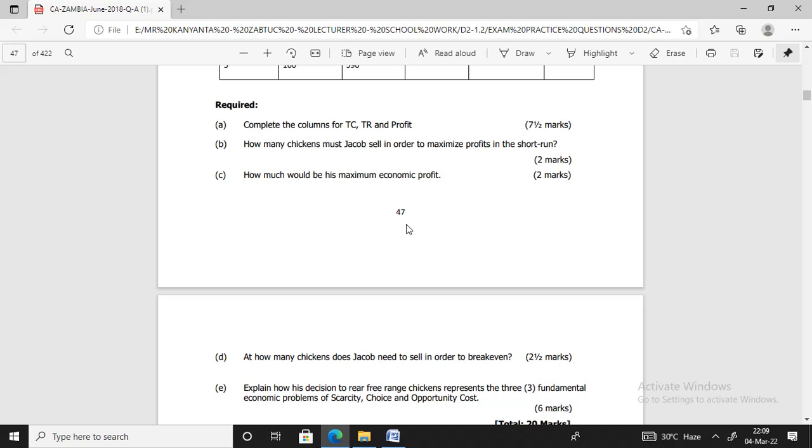Then how many chickens does Jacob need to sell in order to break even? To break even, you are making 0 profits. Then explain how his decision to rear free-range chickens represents the 3 fundamental economic problems of scarcity, choice, and opportunity cost.